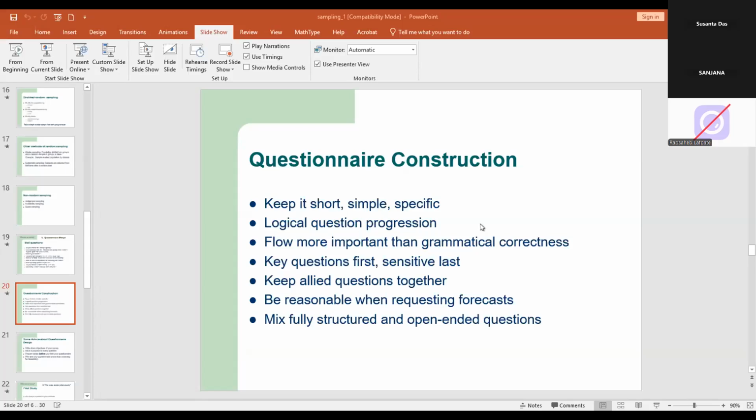That's why logical question progression should be there. Flow is more important than grammatical correctness. Key questions first, sensitive last. Keep allied questions together. Be reasonable when requesting a forecast. Mix fully structured and open-ended questions.